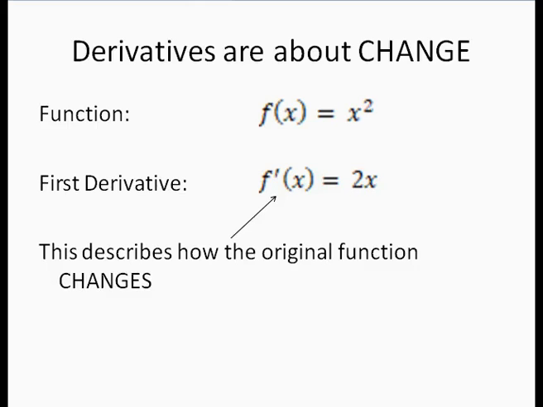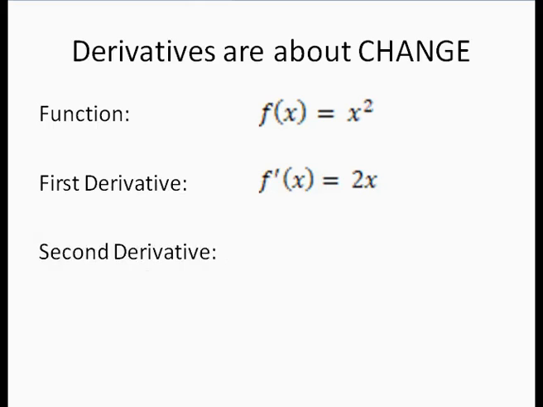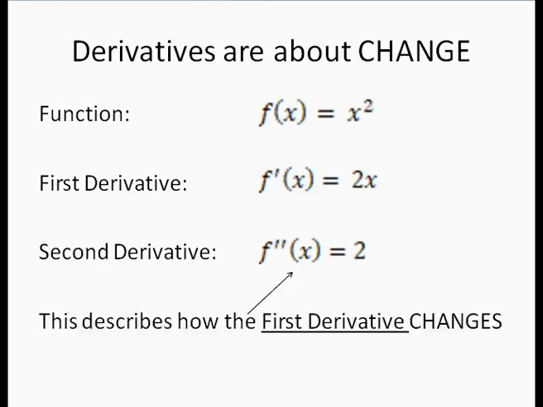I'm not going to prove that, because it's going to take us way off track, but if you want to know more, I can make another video. The basic point is derivatives describe change in something, change in functions, right? So if the first derivative describes how the original function changes, then the second derivative will describe how the first derivative changes.